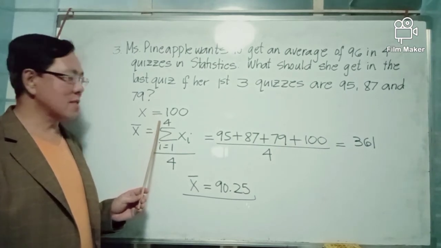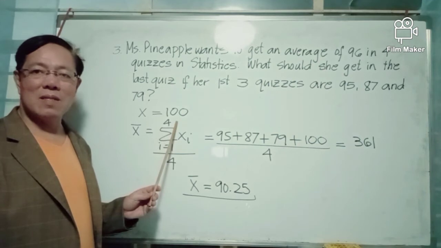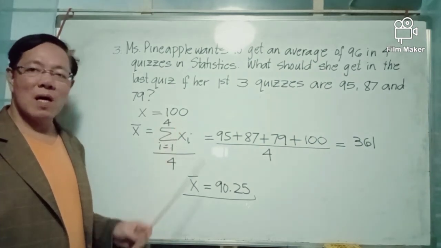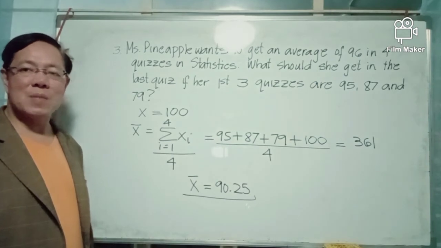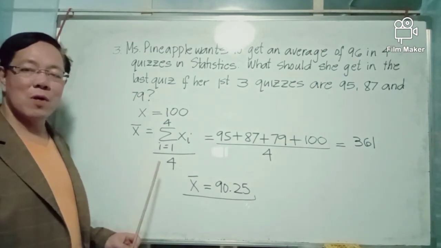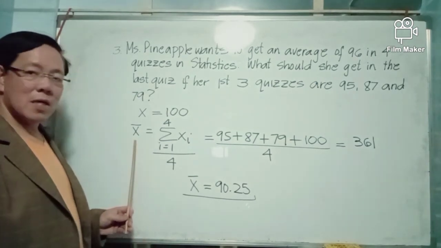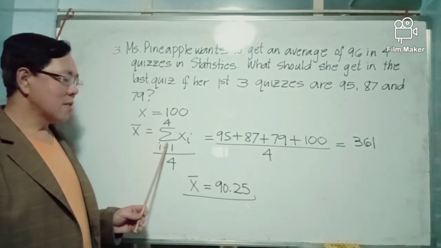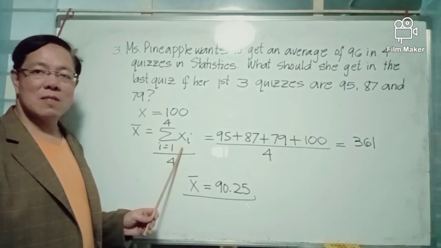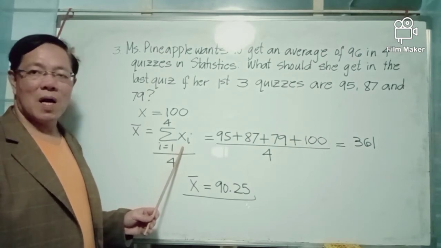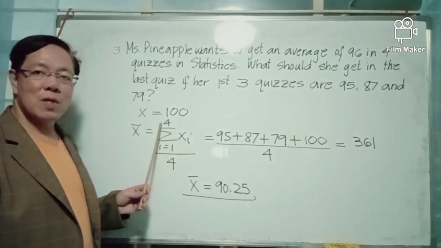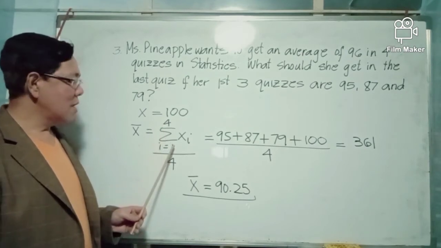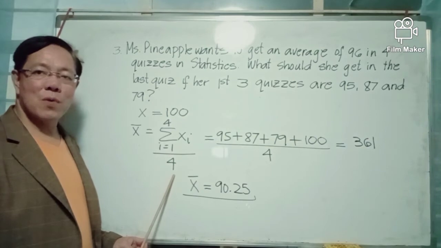Assuming that she gets a perfect score of 100 in the 4th quiz, we calculate the average of Miss Pineapple in the 4 quizzes using this notation for the sample mean: x bar equals the sum of the 4 quizzes, denoted by x sub i, where i is 1 to 4, because we are going to add 4 quizzes, and the sum is divided by 4.